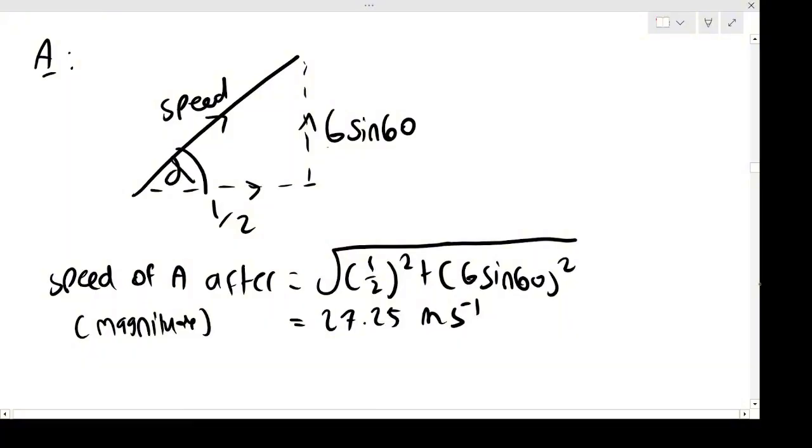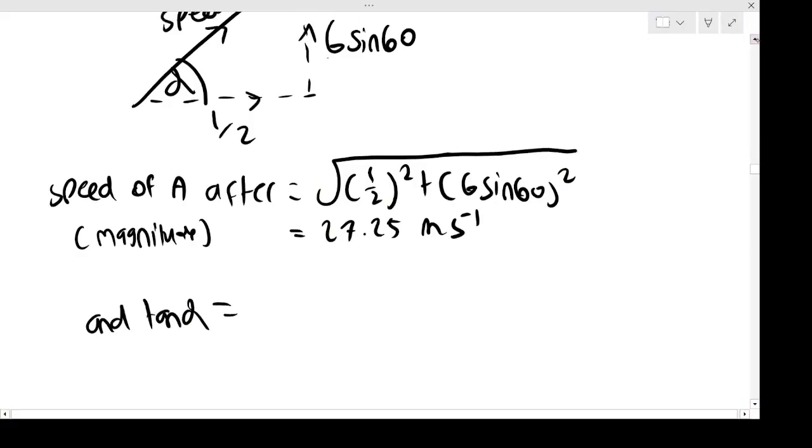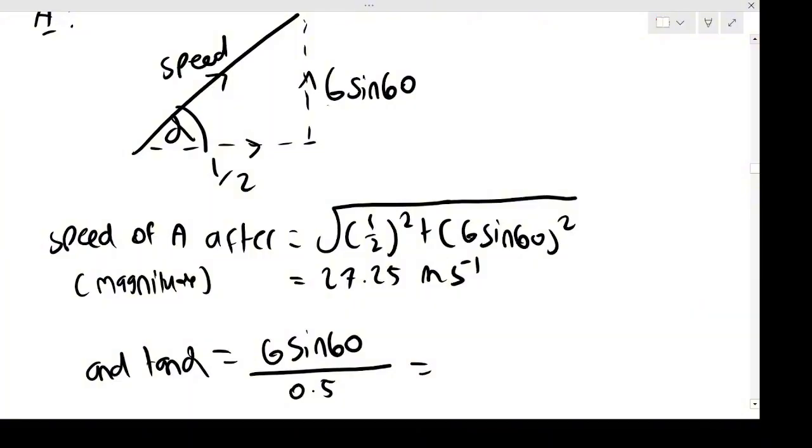So I can also work out alpha by doing tan alpha, sorry. Well, remember, tan is opposite over adjacent. So it's going to be the opposite, which is 6 sine 60, over the adjacent, which is 0.5 or half, right? And so we can just put that in the calculator and we get 6√3.